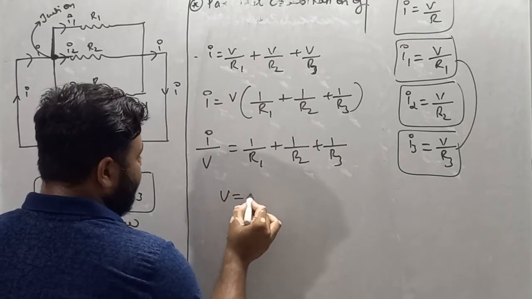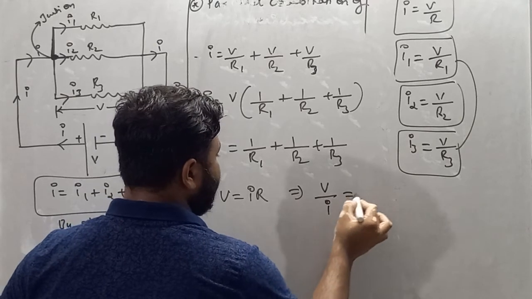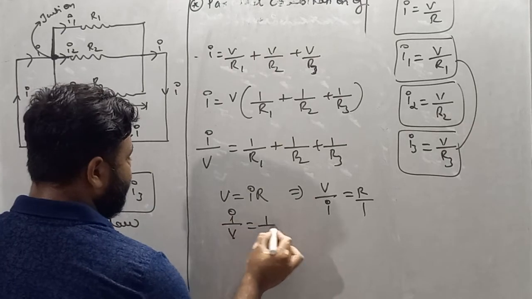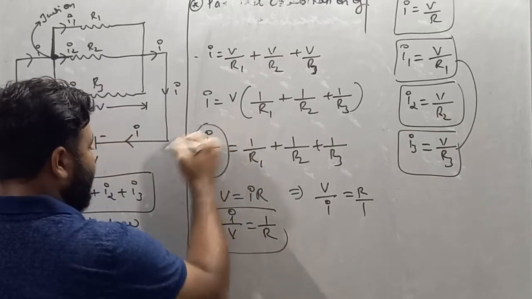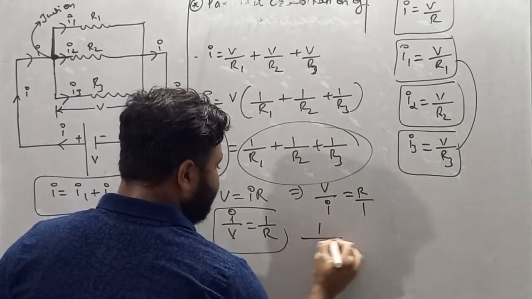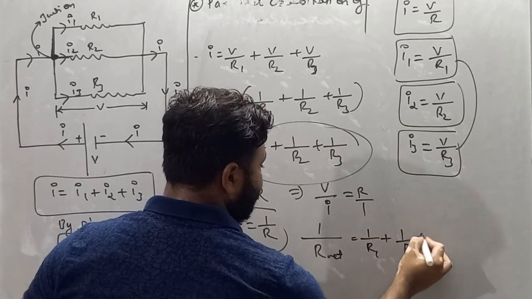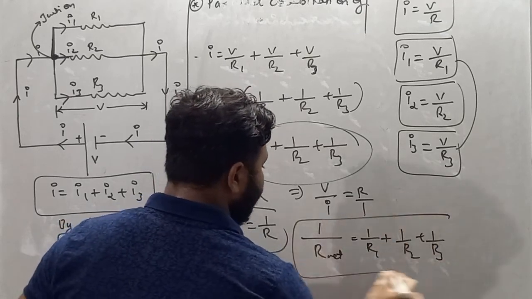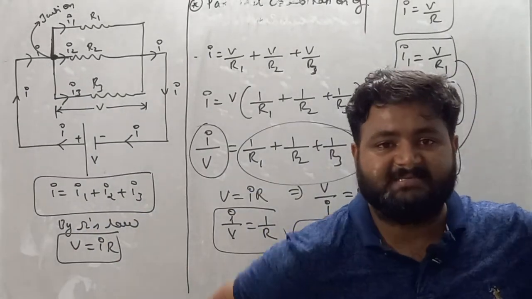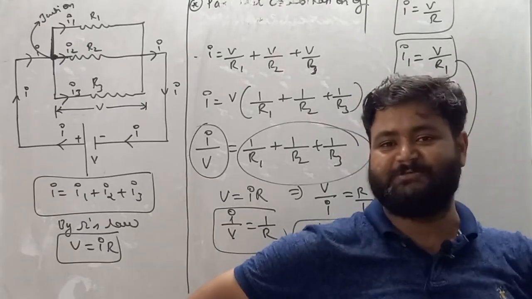Now we know that V equals IR, so V by I equals R, and if we take the reciprocal, I by V becomes 1 by R, which is the net resistance. So we can write 1 by R net equals 1 by R1 plus 1 by R2 plus 1 by R3. This is the value of net resistance in parallel combination by Ohm's law, dear students.